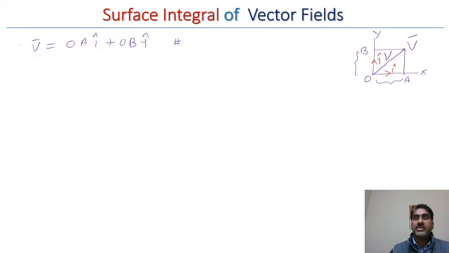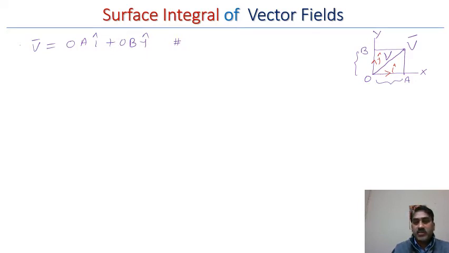So the image is just the projection. If you have a very small surface, you can take its projection on all the three planes, and those projections will form the component vectors, and the sum of component vectors will be the surface vector. As we have seen, the sum of component vectors OA i and OB j is the vector v.